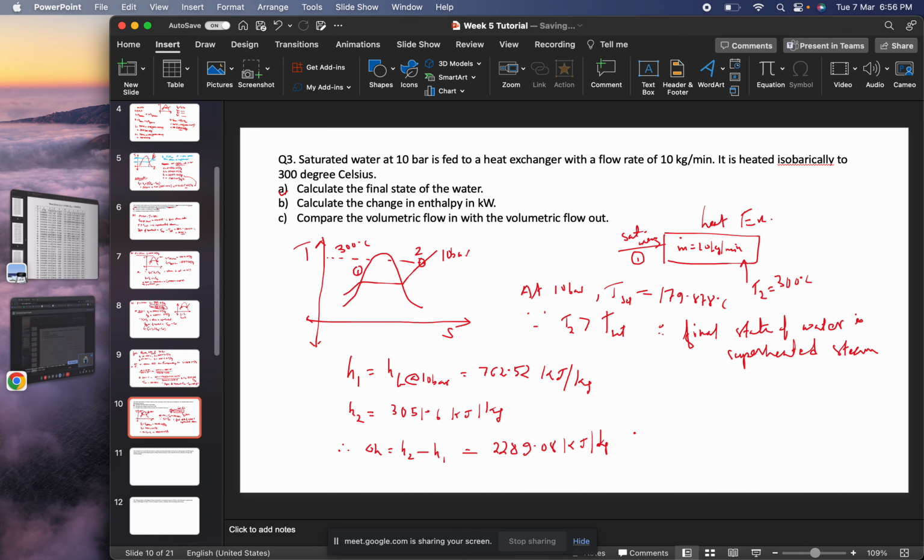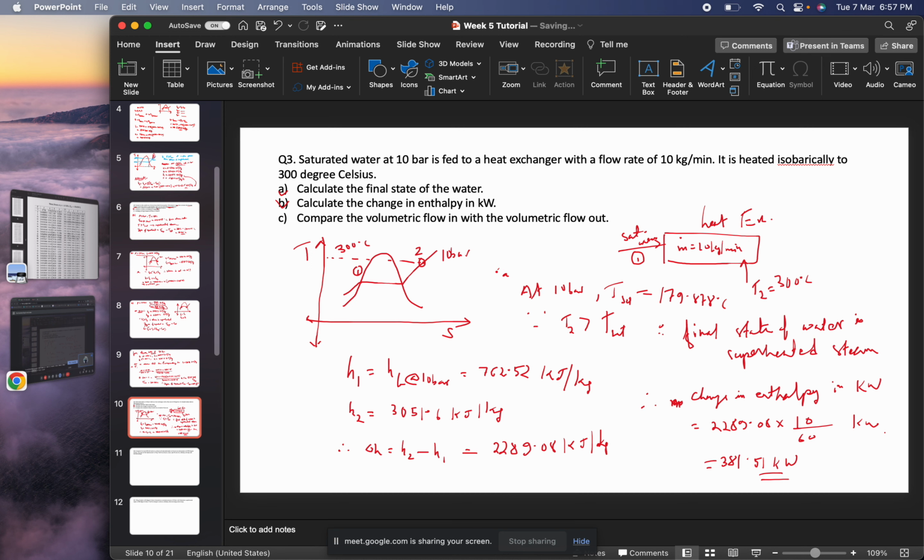So the change in enthalpy in kilowatt is 2289.08 into 10 divided by 60, which will be 381.51 kilowatt.